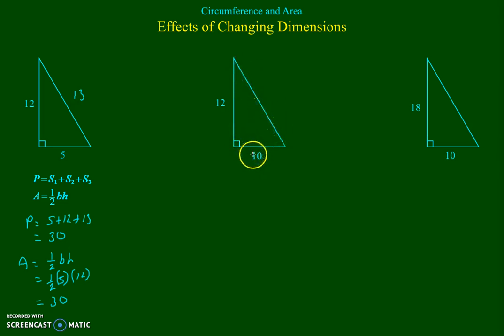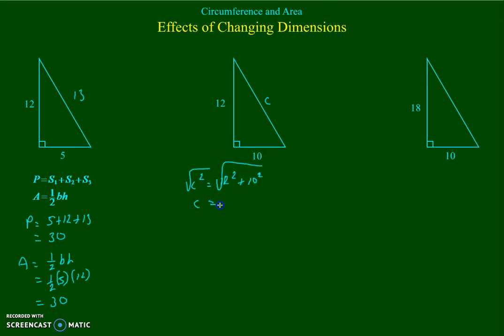Well, fortunately, here we can use the Pythagorean theorem. So let's call this C here. So C squared equals 12 squared plus 10 squared. Take the square root of both sides. C equals the square root of 144 plus 100, 244, which is approximately 15.6.